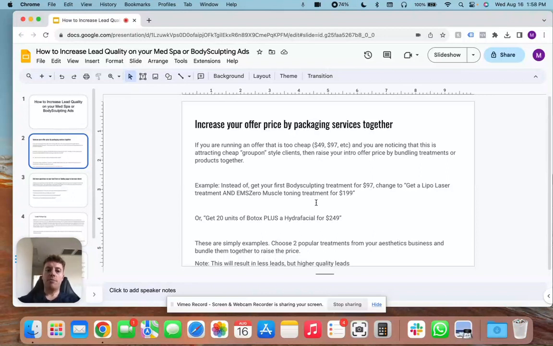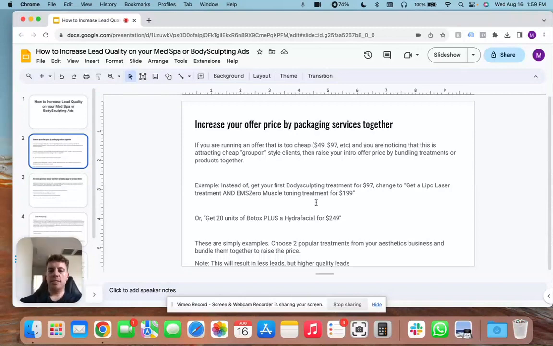If you're a med spa, what you can do is say get 20 units of Botox plus a hydrofacial for $249, rather than just advertising Botox at $8 or $9 a unit, or 20 units of Botox for $150. You can bundle that with something else and raise that price to $199, $249, to attract those higher end people that are going to be able to afford some of your other services.